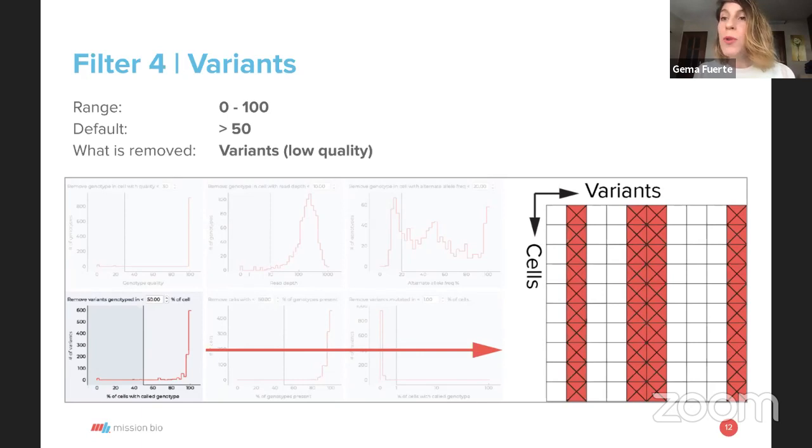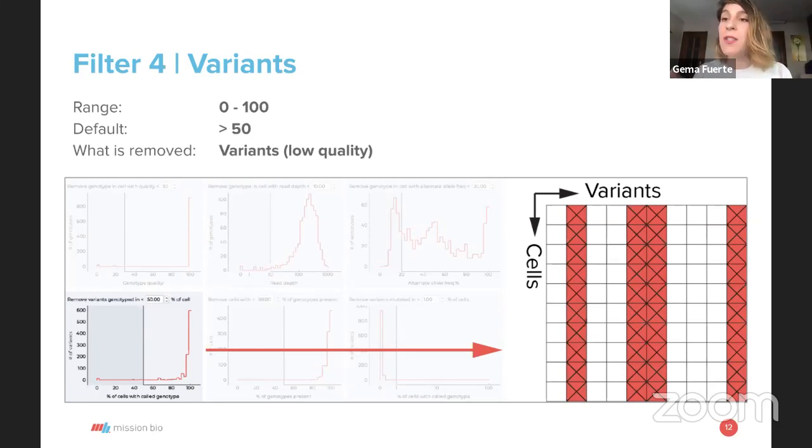Exceptions. When would you be interested in changing this value? Imagine that you are interested in a variant located in a challenging region of the genome, and we all know examples like NPM1, for instance. These regions of the genome are challenging to amplify, and one reason is high GC content.